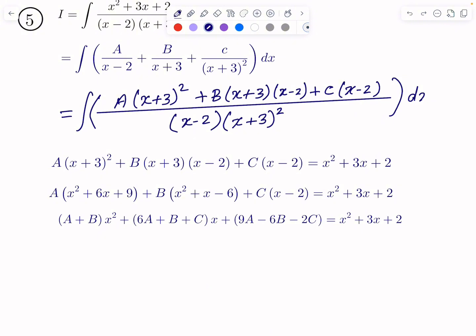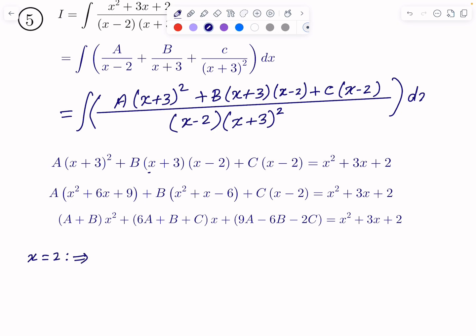Okay, now we could say, for example, from this one, when x equals 2, this one goes to 0, this one goes to 0, we can find a. And when x is minus 3, this one goes to 0, this one goes to 0, we can find c. And then from this one we can find b.